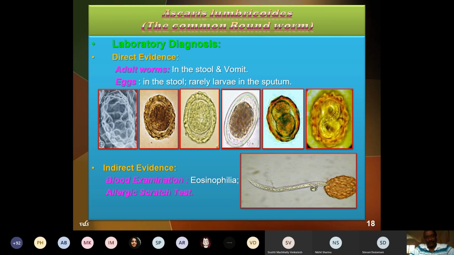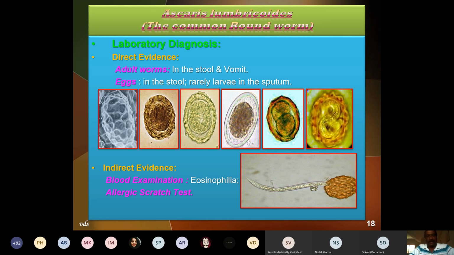And the fifth picture is the molting stage inside the egg, in the fertile egg. You can also see the crescentic space on the sides, where the inner ovum has been divided into two, ultimately giving rise to the rhabditiform larva inside the egg. You can also see the typical ridges and furrows on the outer cortication.